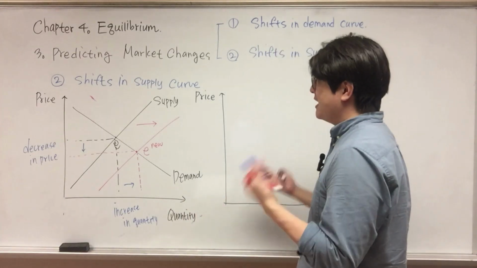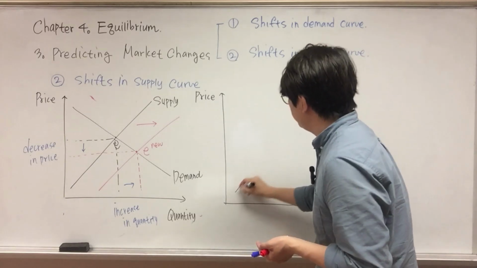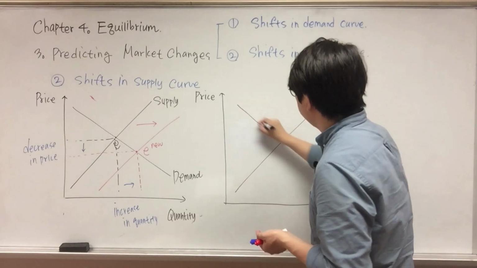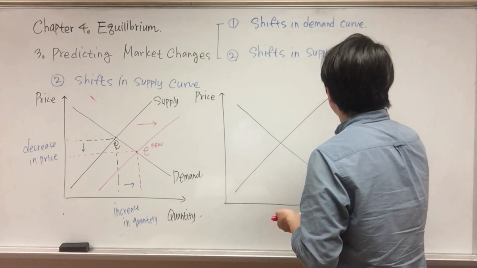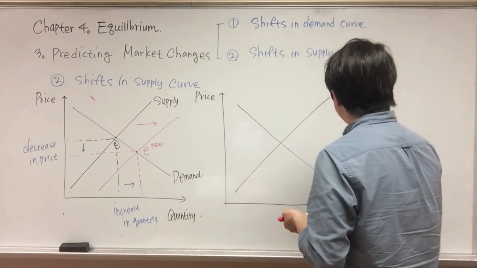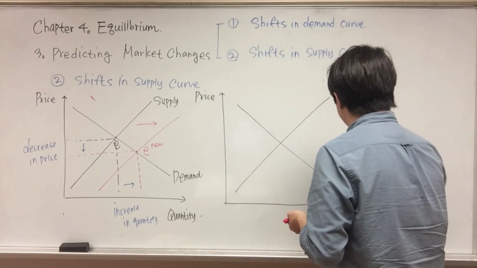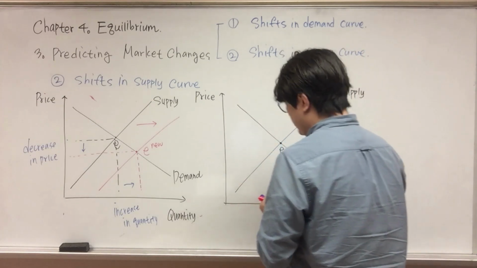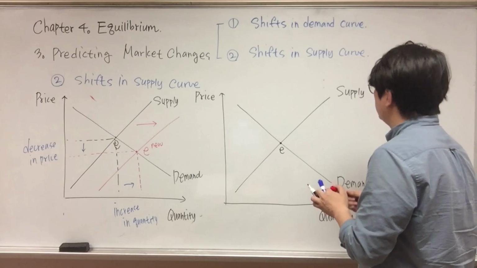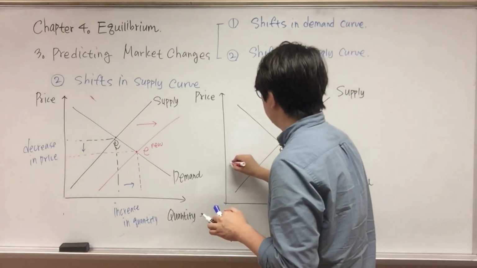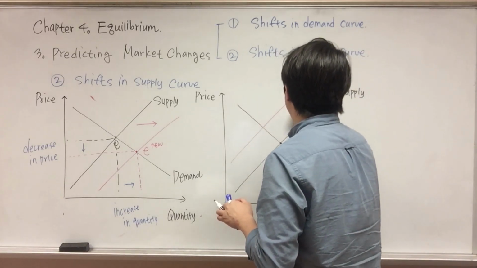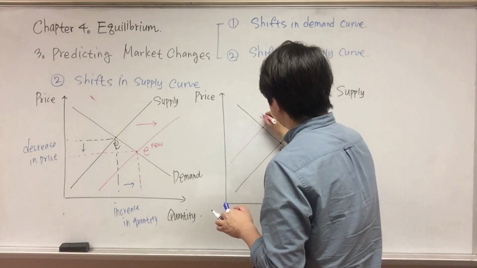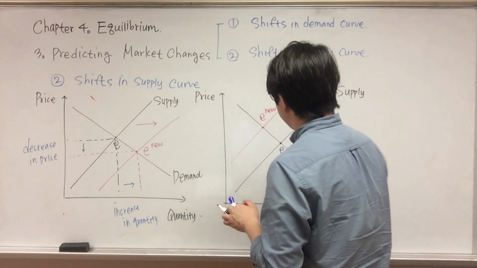So if we have decreased supply, and demand, here is the equilibrium point, right? So the supply curve will shift to the left. Okay, and at the same time we have a new equilibrium point here.